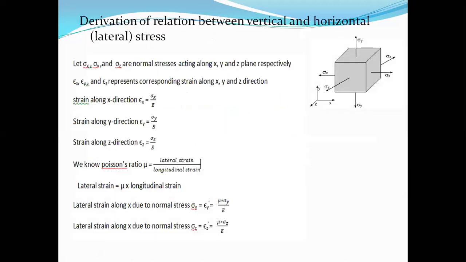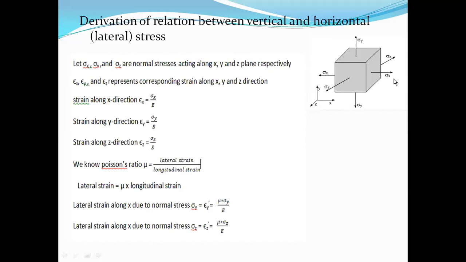Okay, let's move on. Let's derive the same relation. In order to derive the relation between vertical and horizontal stresses, I need to find the relation between vertical and horizontal strain. How to find that? Let us see here. This diagram represents a three-dimensional x, y, z system.